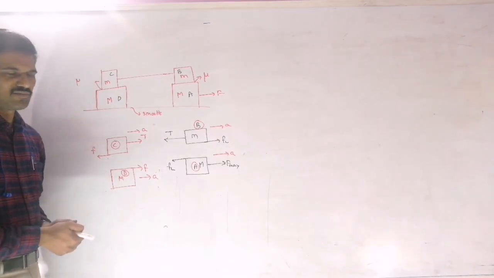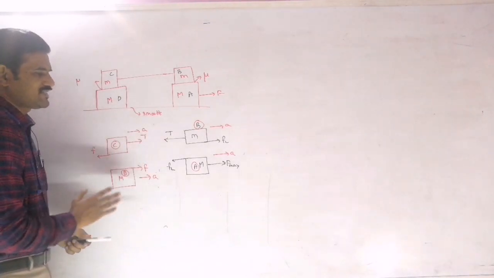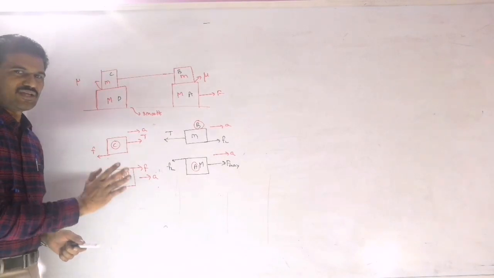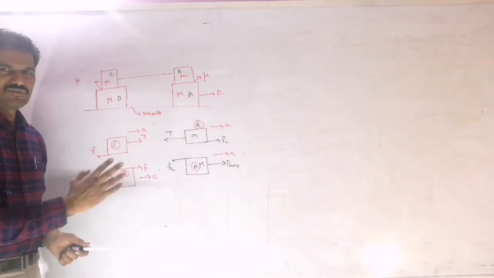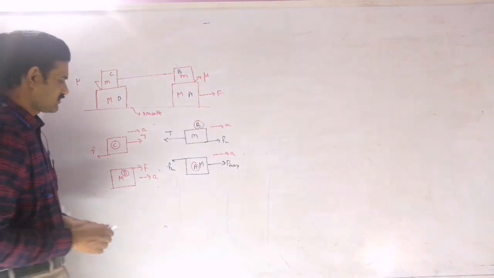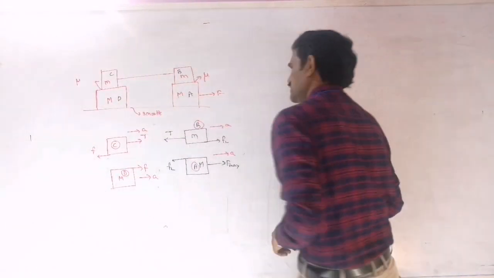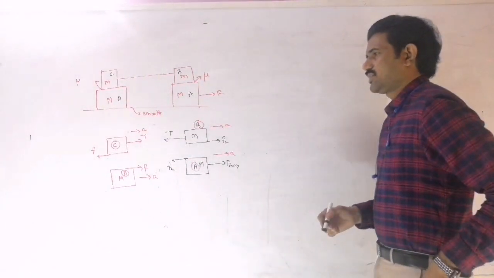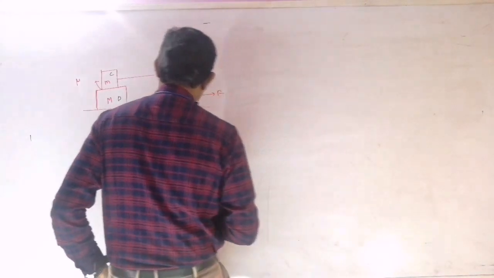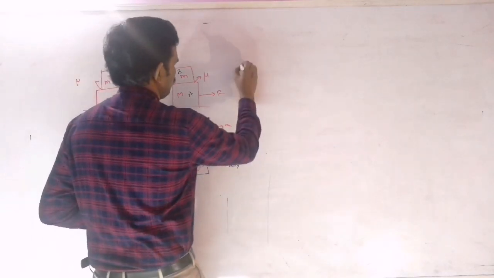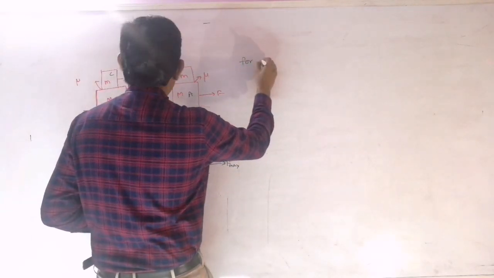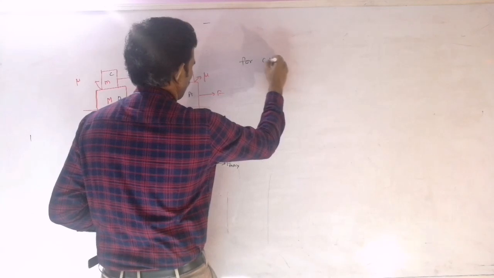And now, equating the accelerations in all the cases, you will get the maximum limiting friction, right? So for this, what I can write here is, for the block D I am writing here, for C plus D.